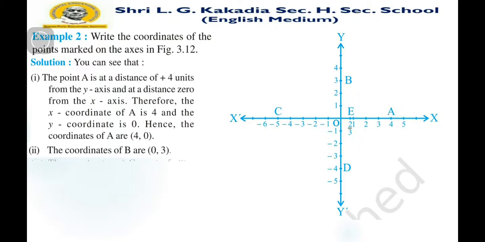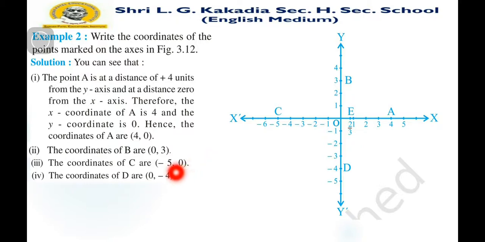About C, minus 5 comma 0, as C lies only on the x-axis, and there is no distance given from the x-axis on the y-axis, so its coordinates are minus 5 comma 0. About D, it is 0 comma minus 4 because it lies on the y-axis, so we only denote the coordinate of the y-axis and put the x coordinate as 0.